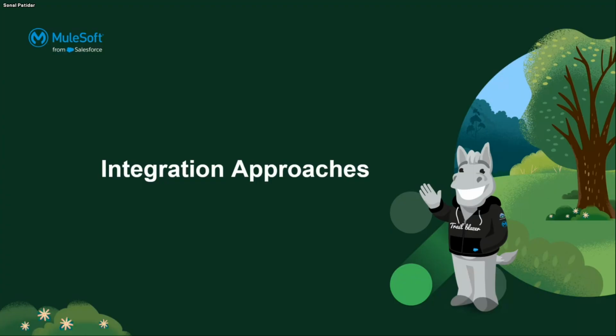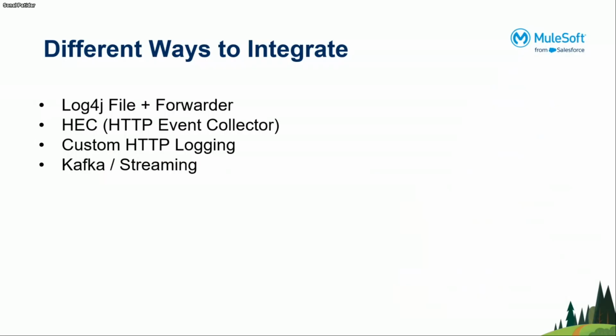Now, integration approaches. There are multiple ways to integrate Splunk with MuleSoft depending on the requirement and the scale. The first one is log4j file and forwarder. Next is HEC, the HTTP Event Collector, which we will implement in our demo.